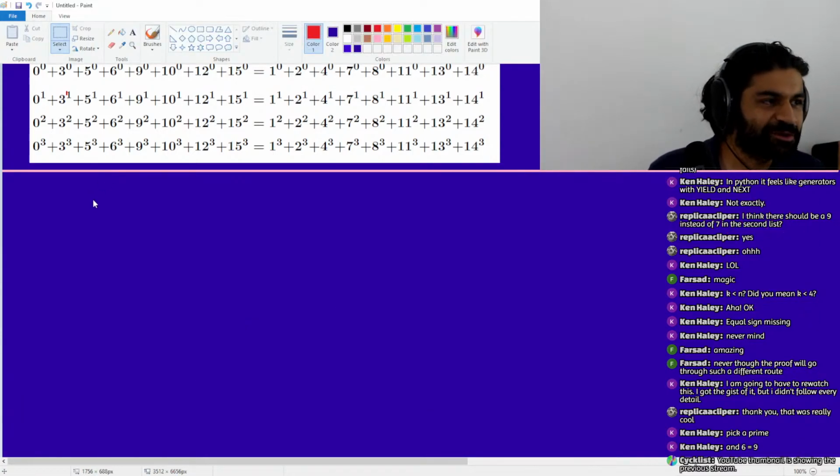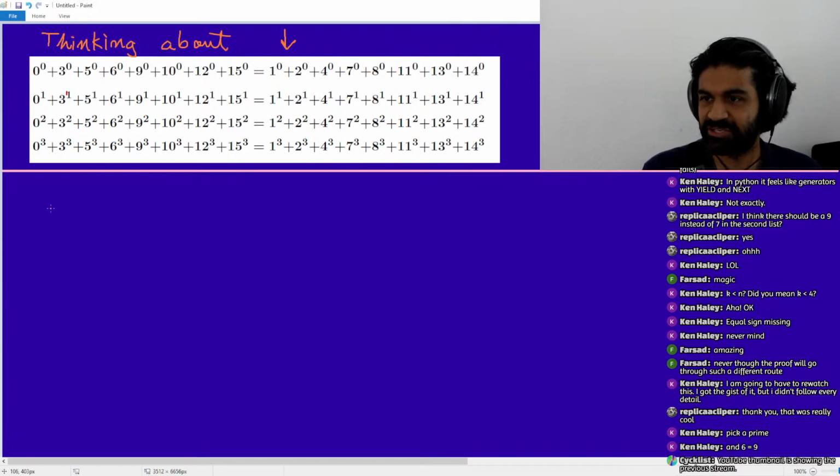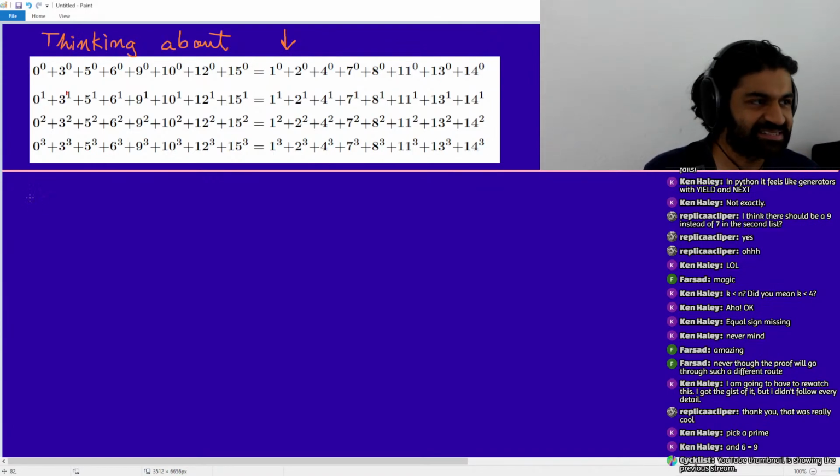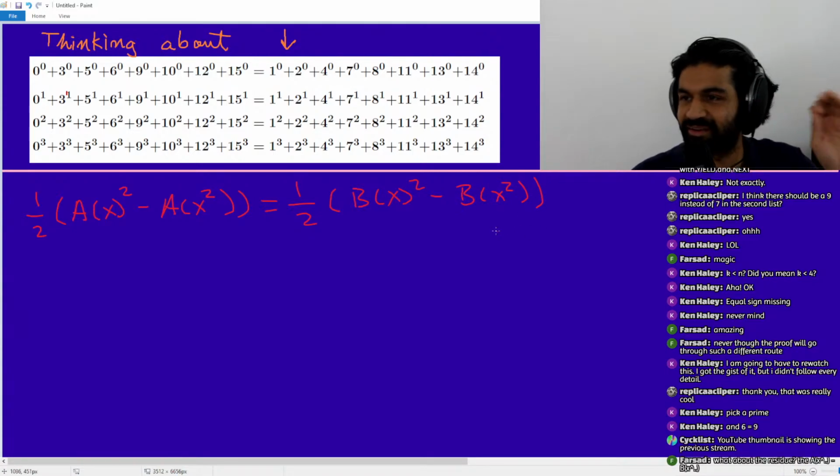We know that for sequences A and B to have the exact same pairwise sums, the following identity has to hold. We already thought about this: A(x) squared minus A(x squared) must equal B(x) squared minus B(x squared).